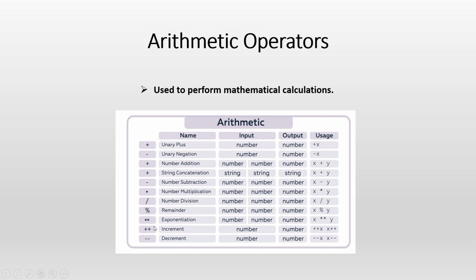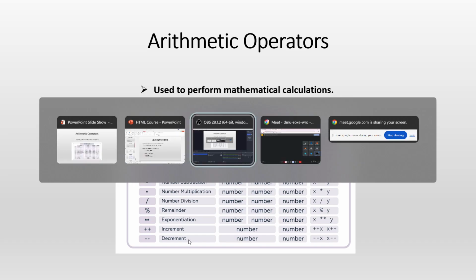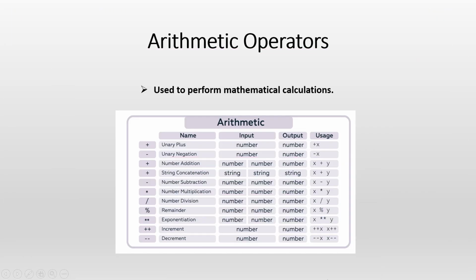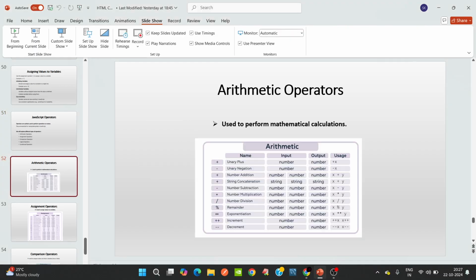Then there is incrementing of values and decrementing of values. I will explain these things. What is incrementing of values and decrementing of values? First let us open our VS Code.